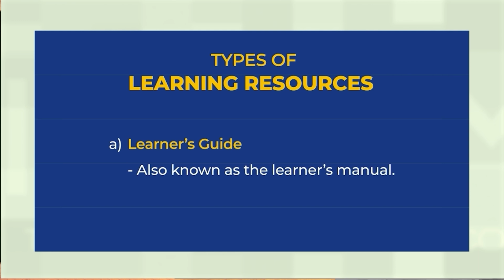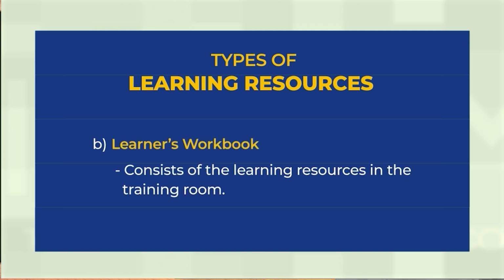Types of learning resources. A. Learning guide. It is also known as the learner's manual, which explains the content of the course by including the full content and describes details of each topic for the course. B. Learner's workbook. The learner's workbook consists of the learning resources that participants will follow in the training room.